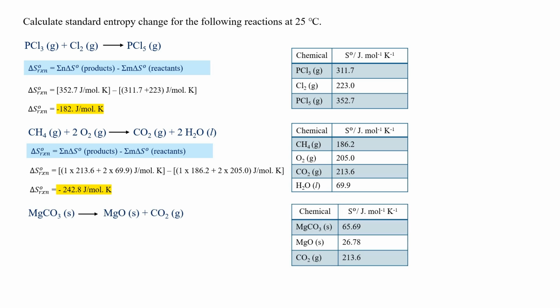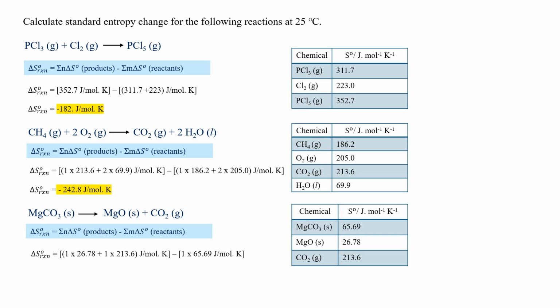Next reaction, magnesium carbonate decomposition. Magnesium carbonate decomposes into magnesium oxide and carbon dioxide. Now let's calculate delta S naught of the reaction for this reaction. In the same way, we can apply the equation, delta S naught, products minus S naught reactants.